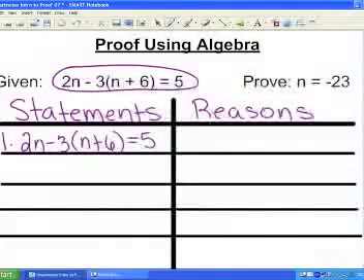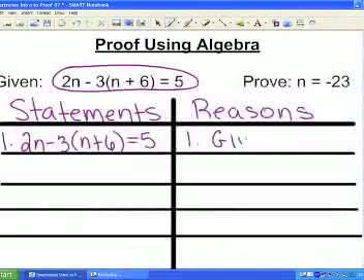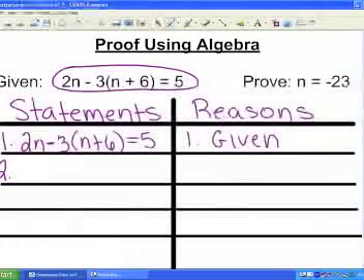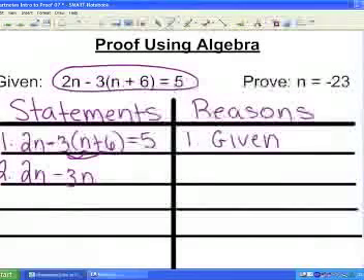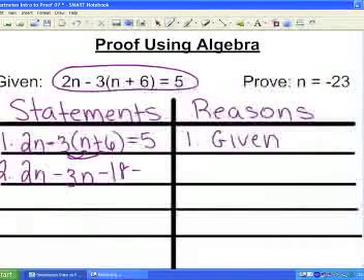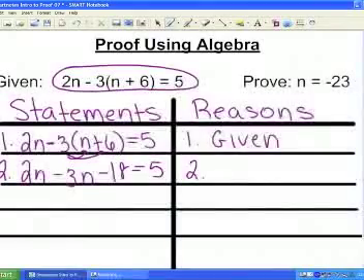And the reason is it is given to us. Once again, order of operations, we need to get rid of parentheses first. So we are going to multiply every term inside parentheses by -3. -3 times n is -3n. -3 times +6 is -18. And this again was the distributive property.